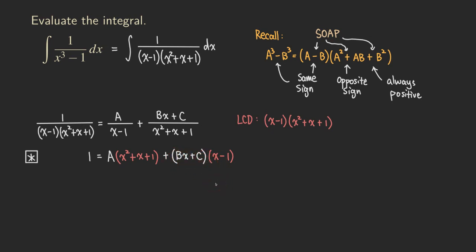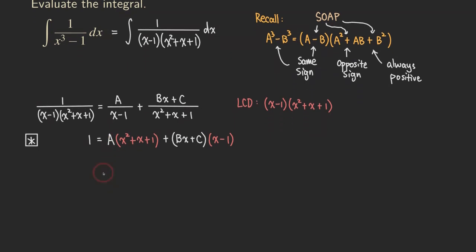Now, usually the way that we do this is to just plug in some x values, which will make it easier for us to find the coefficients, because when you choose an x value, you are supposed to be choosing some values that will make the terms disappear. Okay, so the easy one, right, is to just plug in a 1 in here, because 1 minus 1, you get 0. So this term is going to disappear. And then you're left with just this term so that you can figure out the a already.